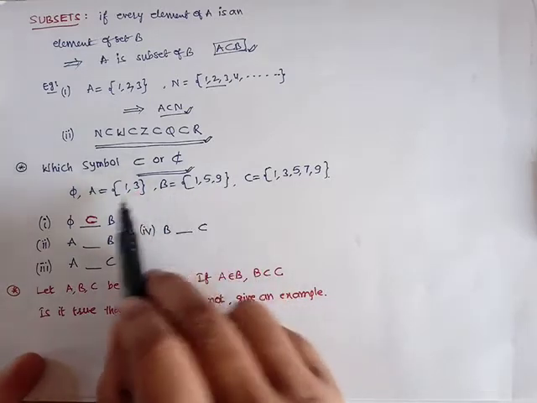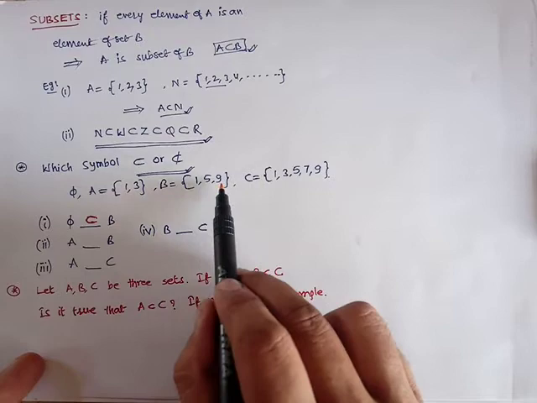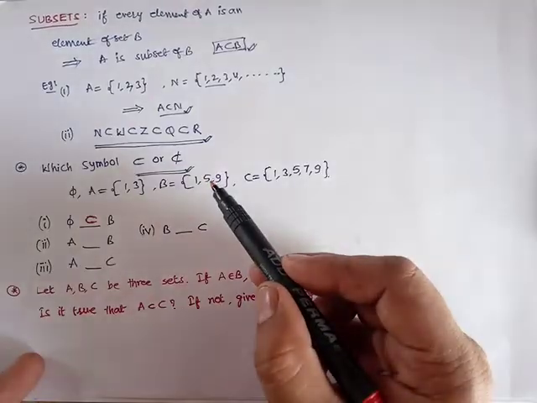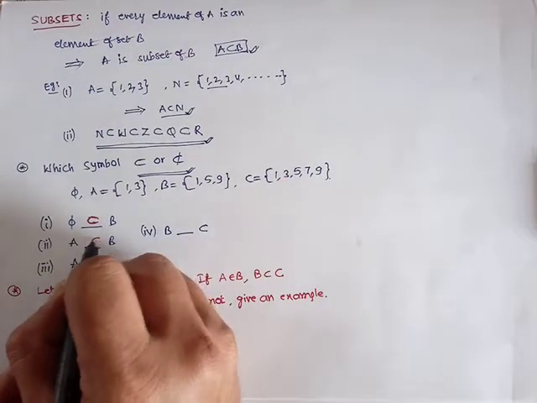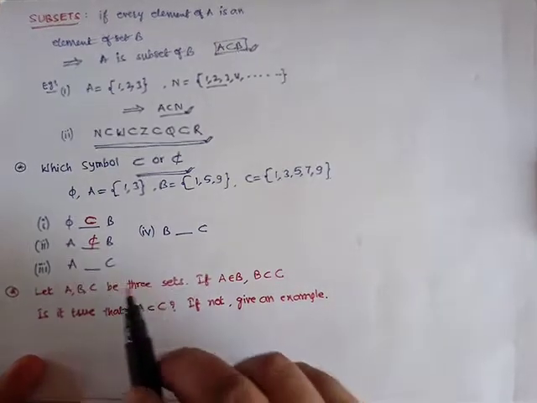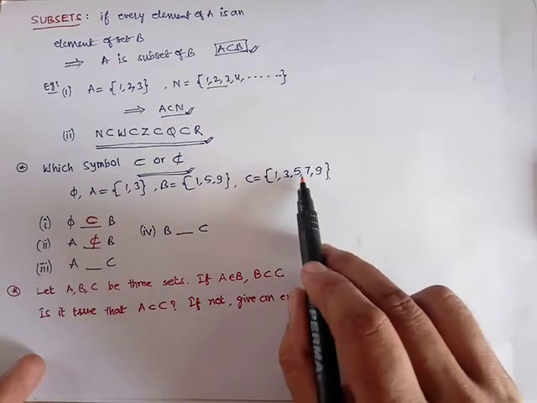A and B, look at the elements: {1, 3} and {1, 5, 9}. Only 1 is the common element for both, but 3 is not present in B. Then A is not a subset of B. And coming to the third one, A and C: A is {1, 3}, C is {1, 3, 5, 7, 9}.